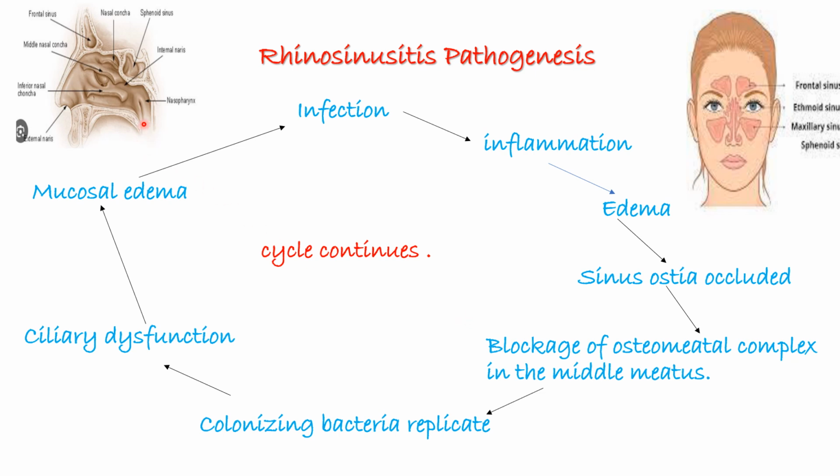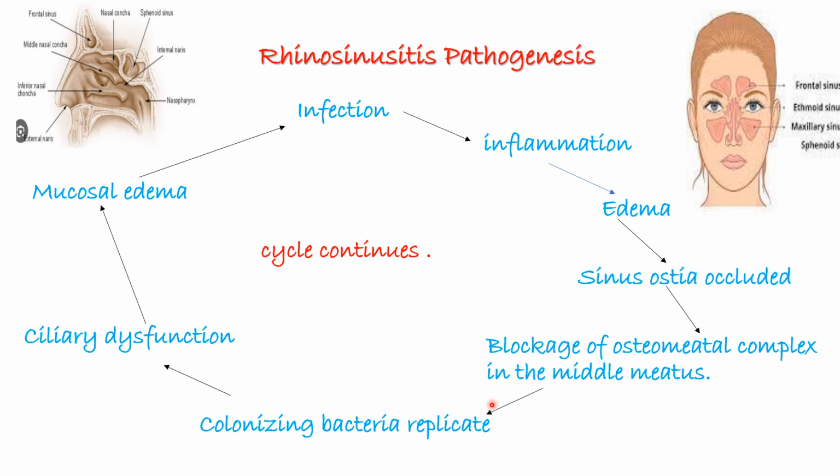As we said before, we have three meatus in the nasal cavity: the inferior meatus just below the inferior turbinate, the middle meatus just below the middle nasal turbinate, and the superior meatus just below the superior turbinate. And we say that the middle meatus drains almost all major sinuses except the posterior ethmoidal sinuses. So it will have blockage of the osteomeatal complex in the middle meatus.